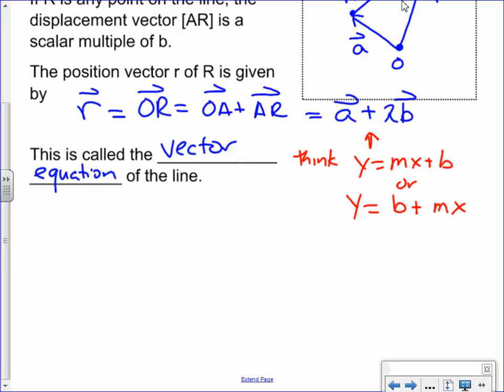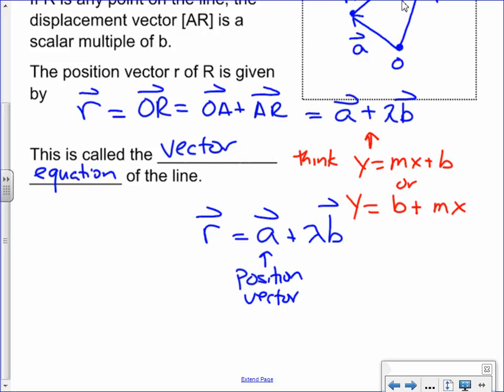So in R equals A plus lambda B, this one is the position vector, and the B is the direction vector, aka slope. And that's a vector equation of the line.